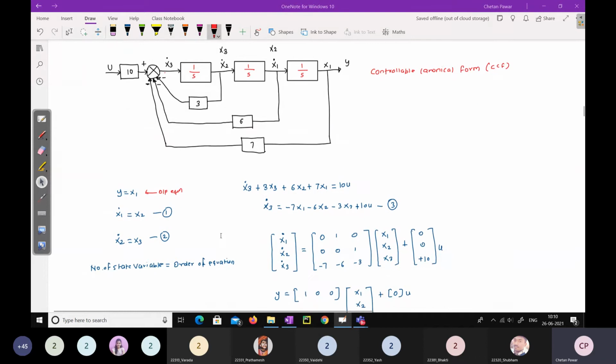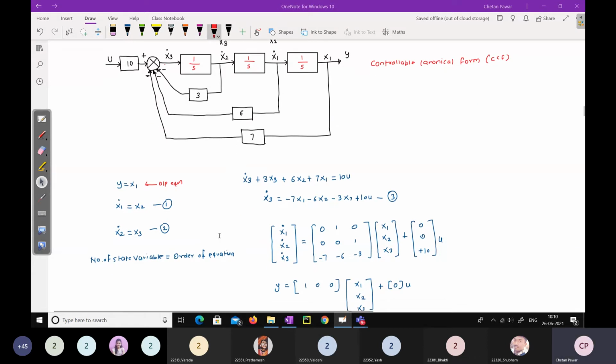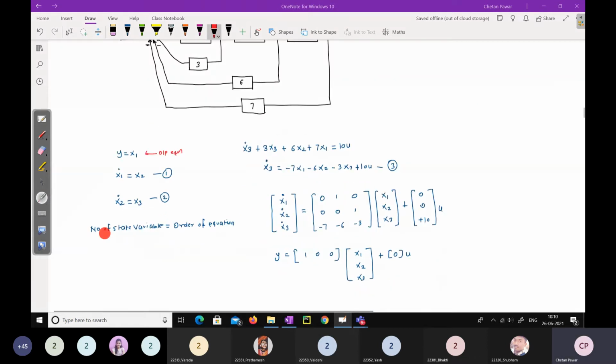One note I have mentioned here: the number of state variables is equal to the order of the equation, as we know. By using these three equations, we need to form the state equation model and the output equation model. Let us consider first x1. x1 bar is equal to x2 only, so there is only the x2 term here.